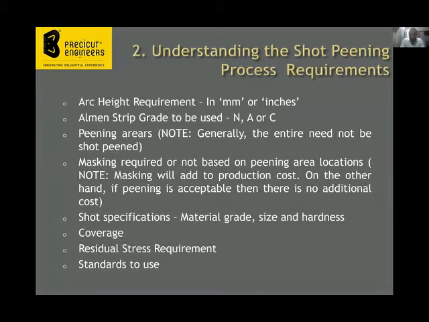After that, you'll come across the shot peening specifications. The shot specifications mean the size of the shots and the grade of the shots. There are three grades: grade 1, grade 2, and grade 3, depending on the sphericality of the shots. Then you have the hardness and the chemical composition.